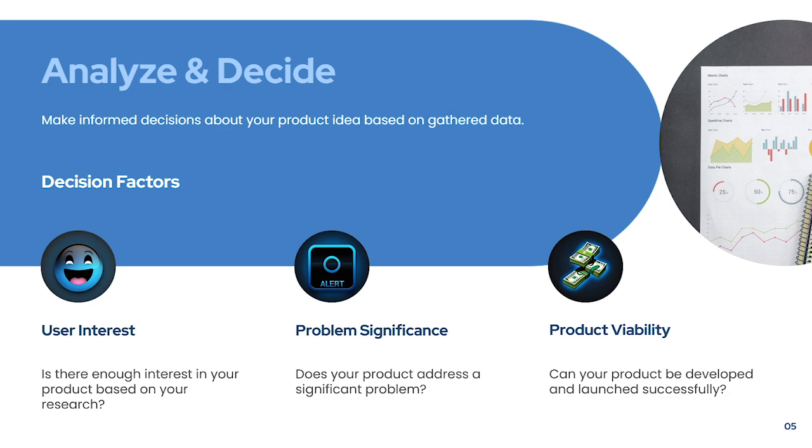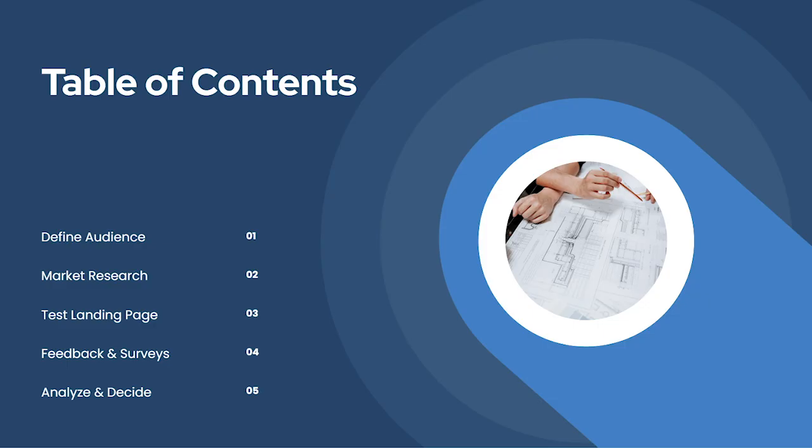So to quickly recap, here's the 5 steps to idea validation. Number 1, define your target audience. Number 2, conduct market research. Number 3, create a test landing page, see if people are clicking on it, and get it launched out to your social network, friends and family, etc. Step 4, you want to gather feedback by using surveys and interviewing the people that you believe will be using and purchasing your product idea.